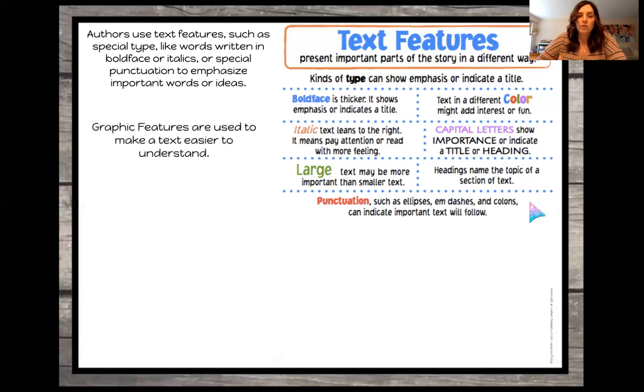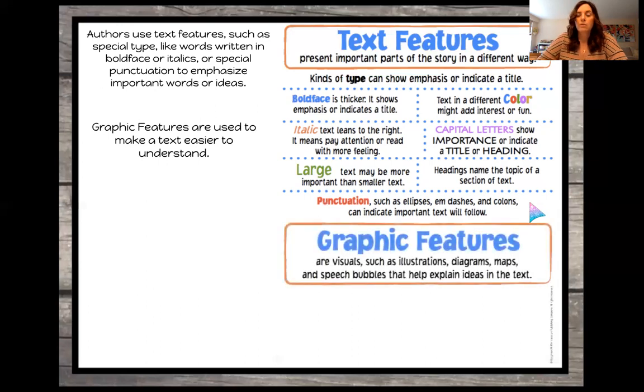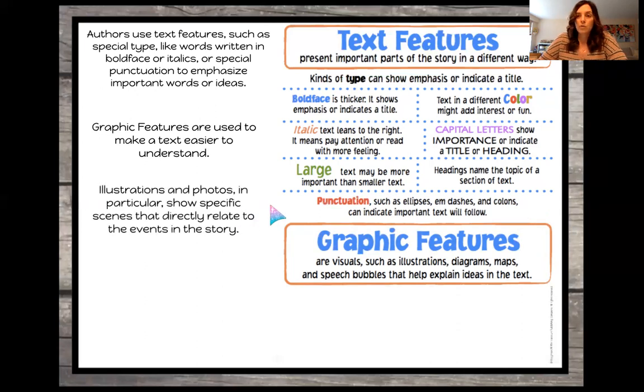Now, graphic features are used to make a text easier to understand. So these are things like illustrations, diagrams, maps, and speech bubbles that further explain the ideas in the text using visuals. Illustrations in particular and photos show specific scenes that you're reading about that directly relate to the events in the story.